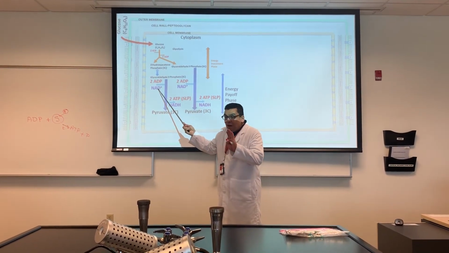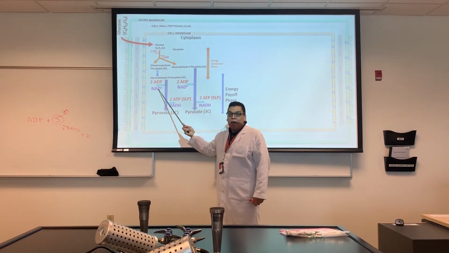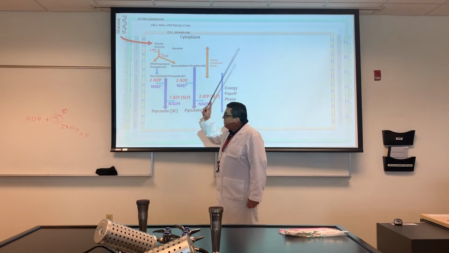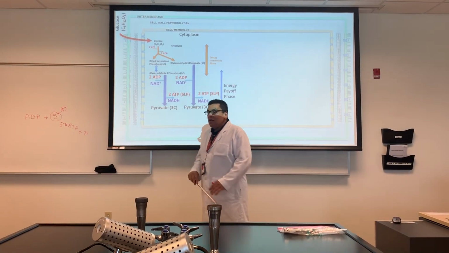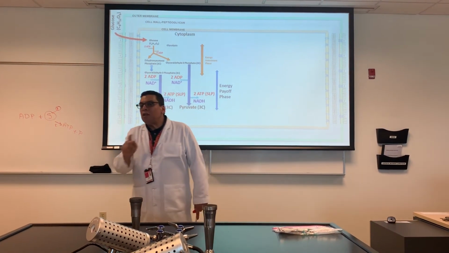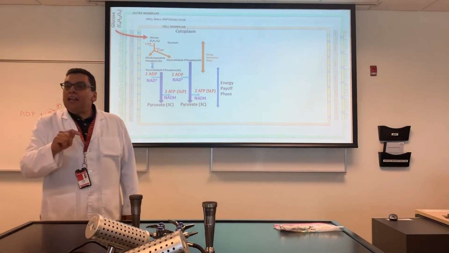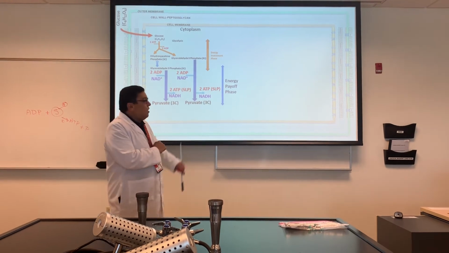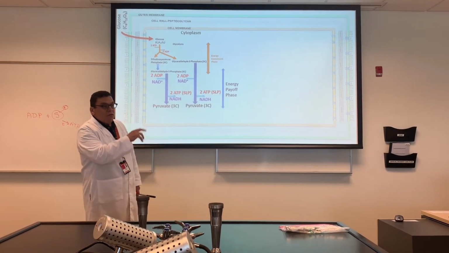I can never run out of NAD plus, because the first second I run out of NAD plus, this one shuts down. So you can shut down glycolysis one of 2 ways: run out of the NAD plus, or don't get rid of pyruvate. It will turn it off, and the cell will suffer. It will die.